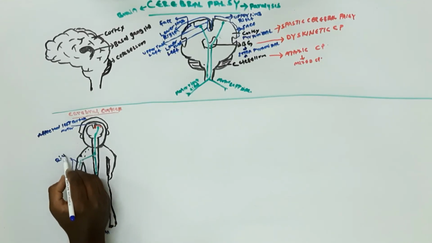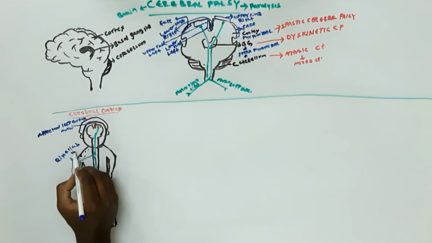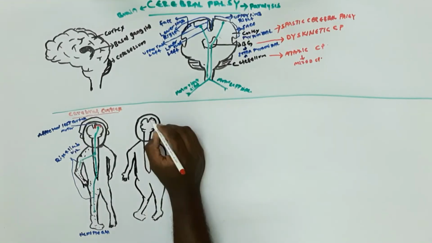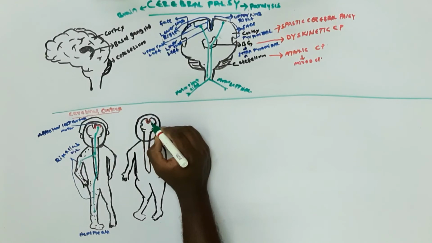Now we'll see the next patient with an affected cerebral cortex. If the medial region of the cerebral cortex is affected, then the lower limbs will be affected.